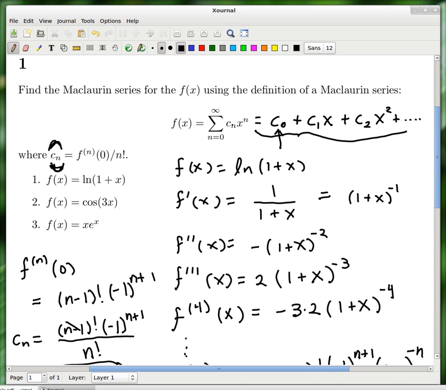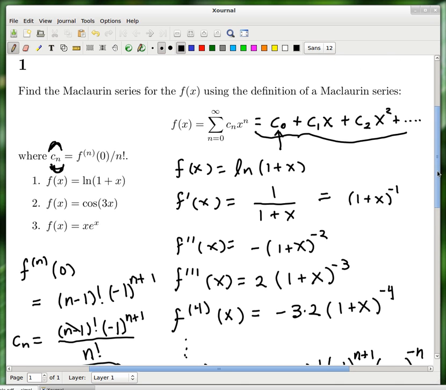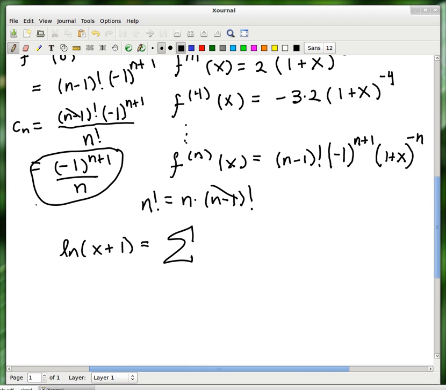It's just that we have to fill in what Cn is. So it's this Cn that we just found, which is minus 1 to the n plus 1 over n times x to the n, and we go from n equals 0 to infinity.